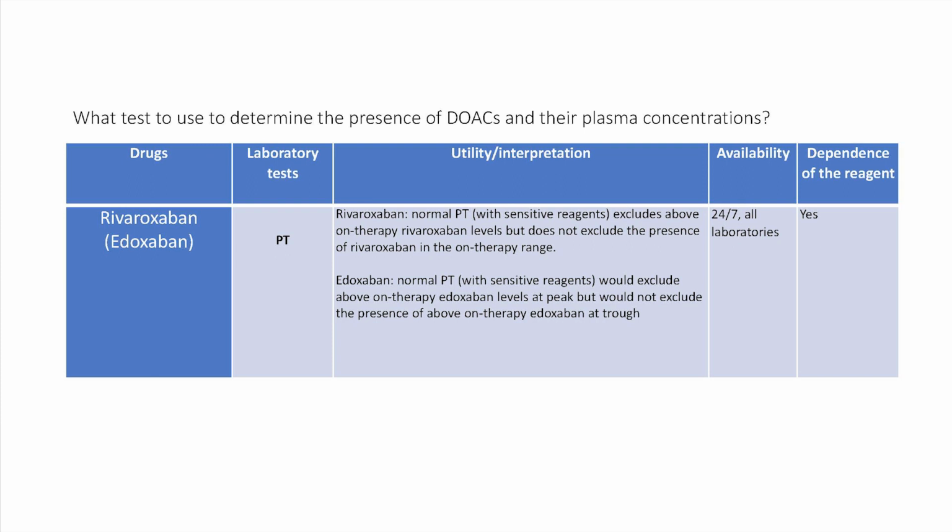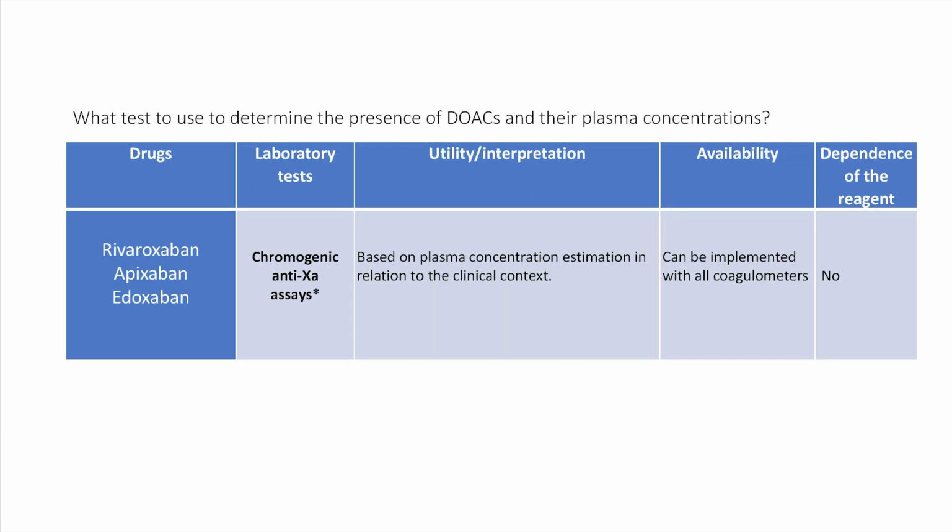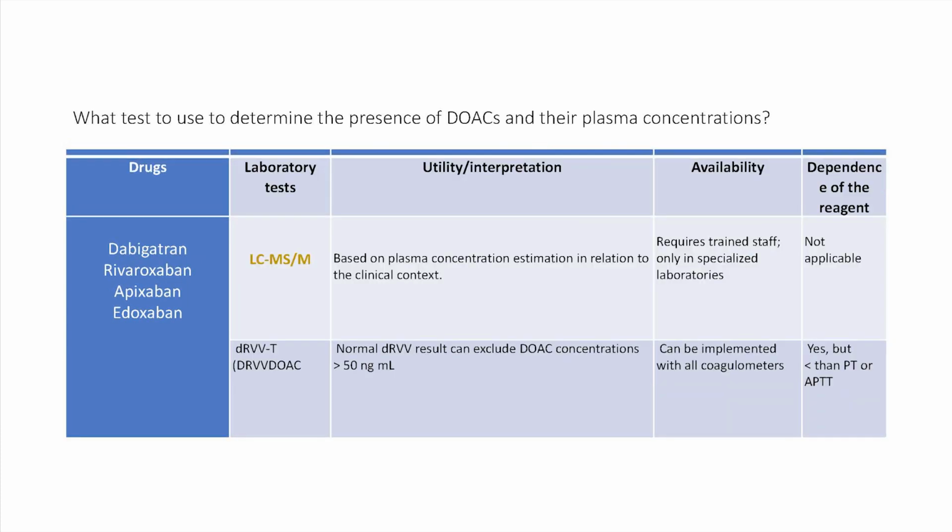Rivaroxaban: the level of PT does not reflect the level of rivaroxaban at normal levels. We can use a chromogenic anti-Xa assay for rivaroxaban, apixaban, and edoxaban. The gold standard for assessment of all these direct anticoagulants is mass spectrometry, but unfortunately it is not present in the clinical lab.